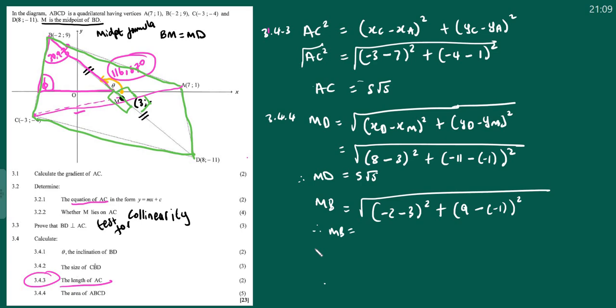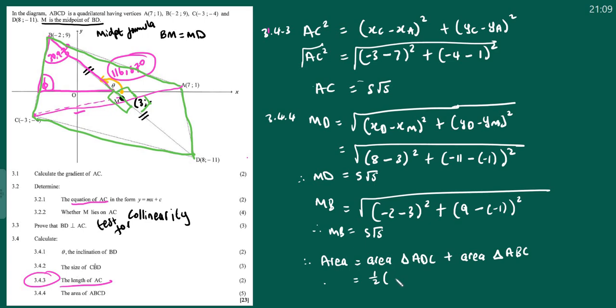So that would be negative 5 squared plus 10 squared, 5 root 5. So therefore the area is simply going to be, for the first triangle, the area of triangle ADC plus the area of triangle ABC, which is going to be half the base, which is AC.